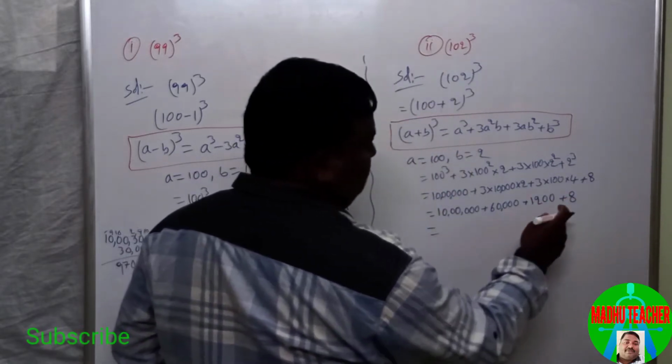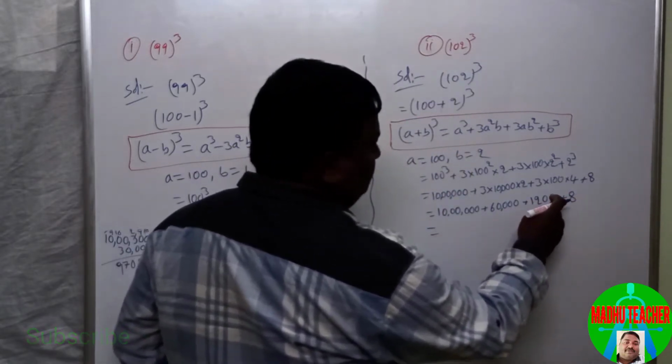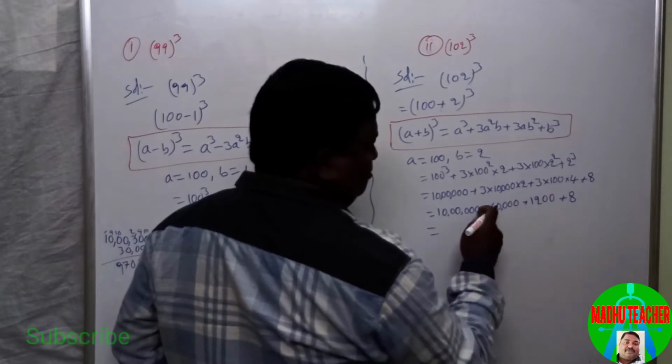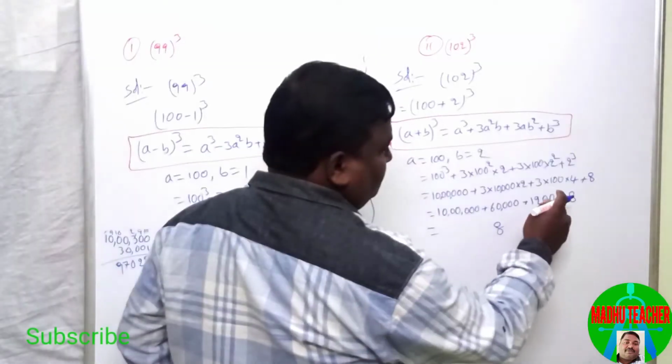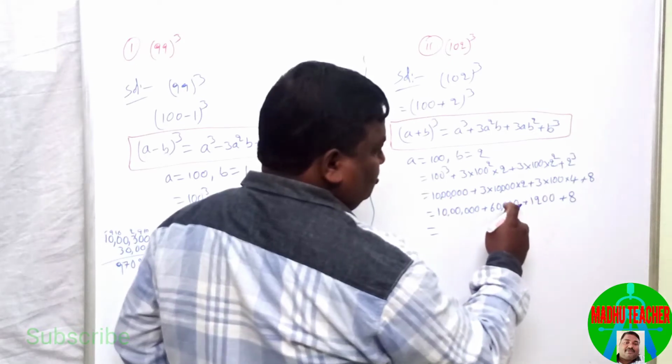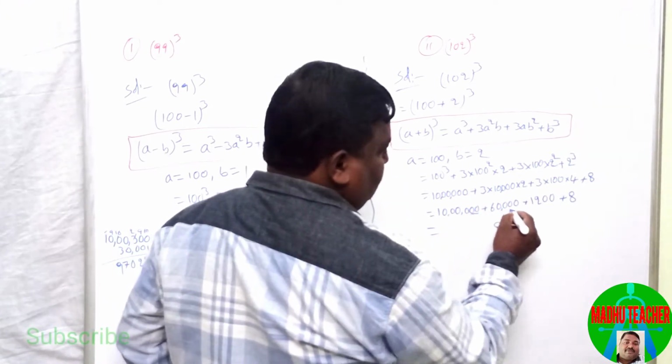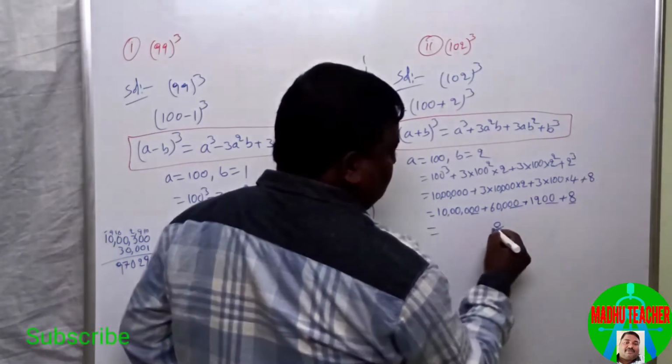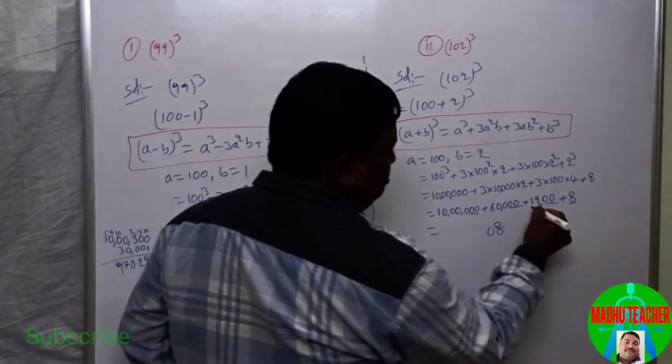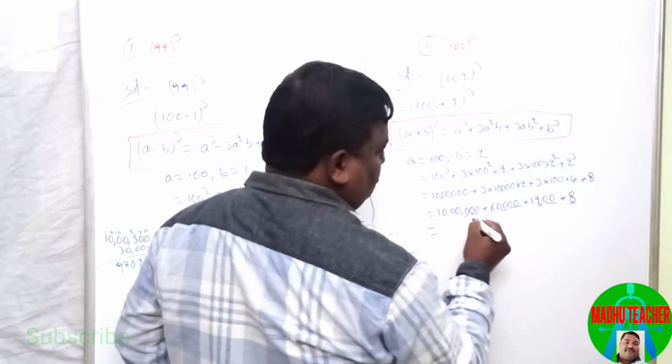By adding these all, ones place 8 plus 0, 0, 0, so that is 8. Tens place 0, 0, 0. Tens place completed, 0. Hundreds place 2, 0, 0, so 2 itself.